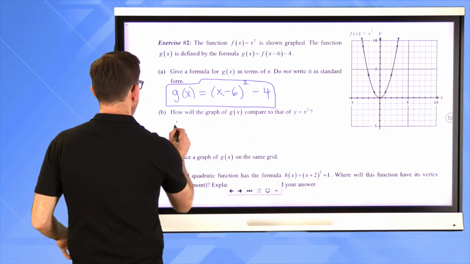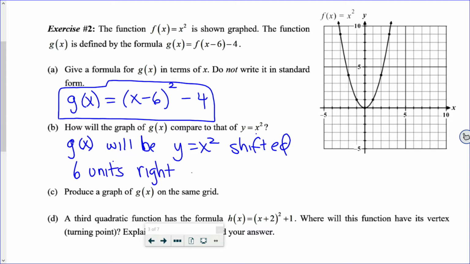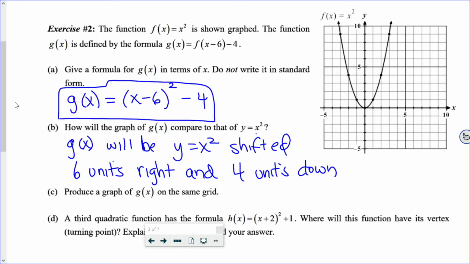So g of x will be y equals x squared shifted 6 units right and 4 units down.